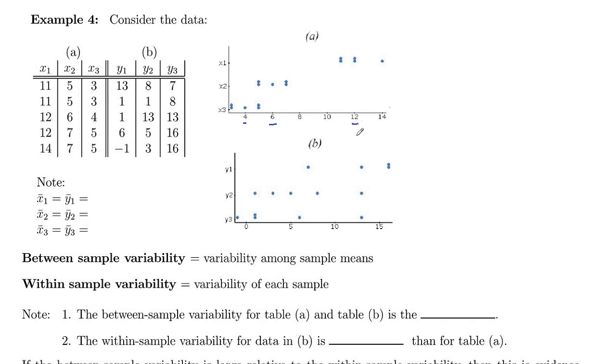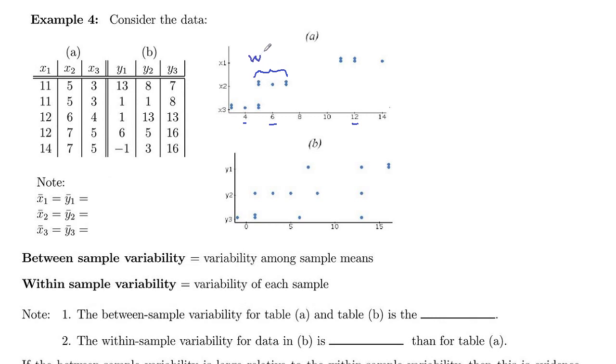So what we want to do with this data is measure the relationship between the between sample variability, that is variability among sample means, compared to the within sample variability, so variability of each sample. The within sample variability, for example for X2, is the spread of the X2 data.